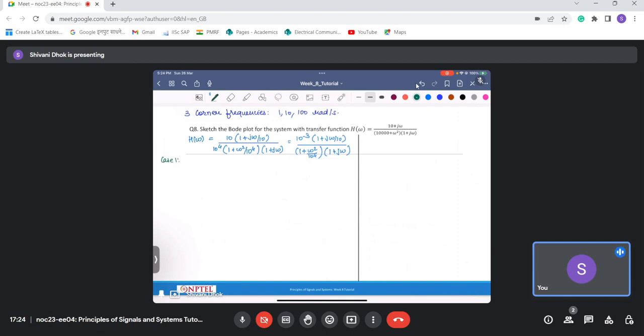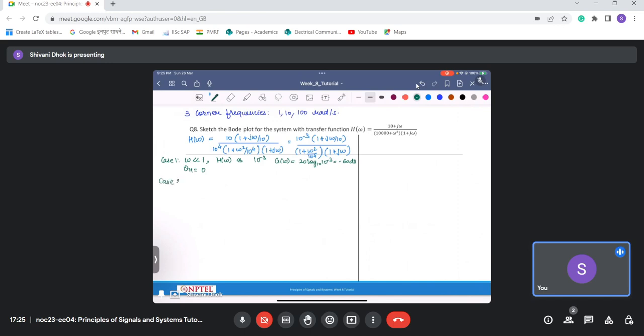For this first case, omega is much less than 1. So in this situation, h of omega is approximately equal to 10 power minus 3, and therefore g of omega is equal to 20 log base 10 power minus 3, which is equal to minus 60 dB. Similarly, theta h is equal to 0 because it is a positive quantity.